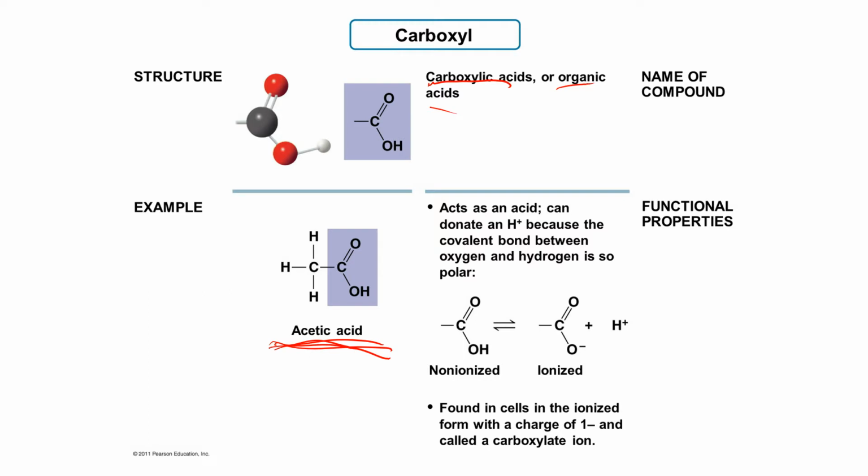So when you're looking at carboxyl groups, notice that you have a carbon atom joined to the oxygen. Here your oxygen atom is pulling electrons to itself. Here you have your carbon atom joined to the double bonded oxygen, and an oxygen-hydrogen.